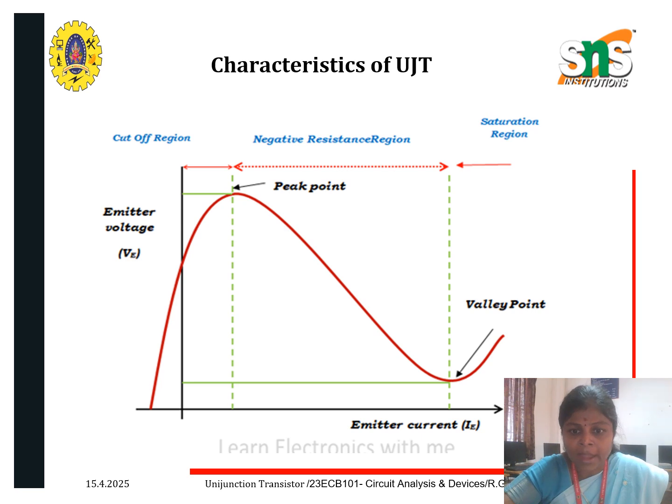After reaching the valley point, the voltage again increases. In the negative resistance region, the voltage keeps decreasing and the current keeps increasing after reaching the peak point. In between the peak point and valley point, there exists the negative resistance region. After the valley point, there is the saturation region. Before the peak point, there is the cutoff region.